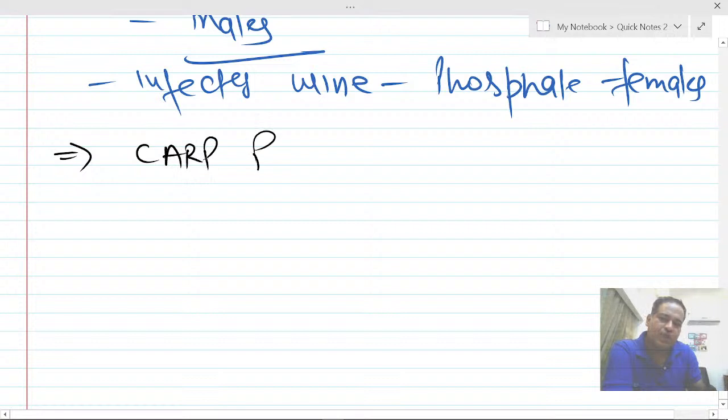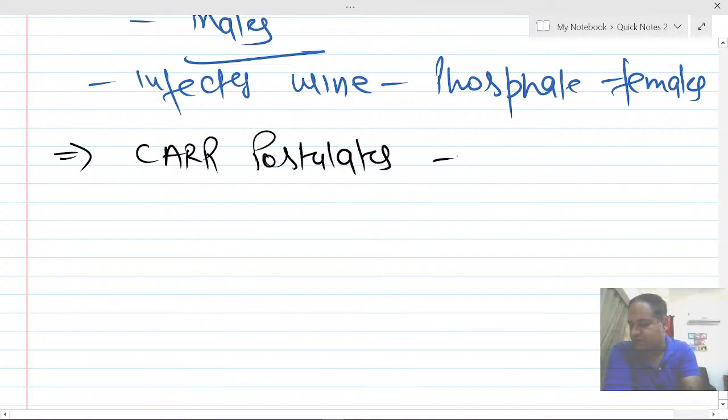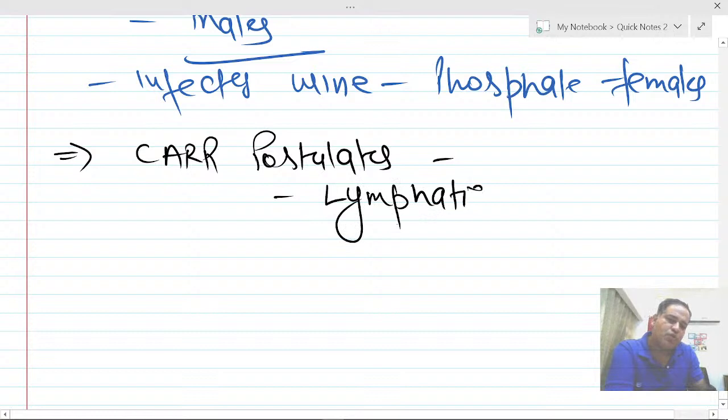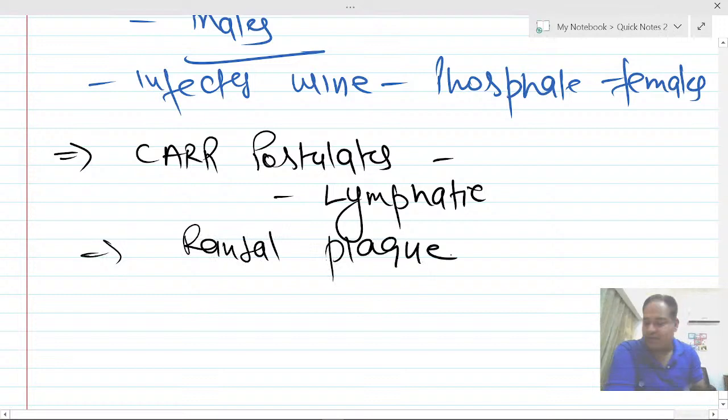What are the two theories of stone formation? The first is Carr's postulate, which says that stones form because of blockage of lymphatics. The second theory is the Randall plaque theory.